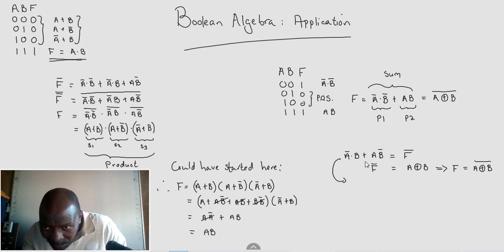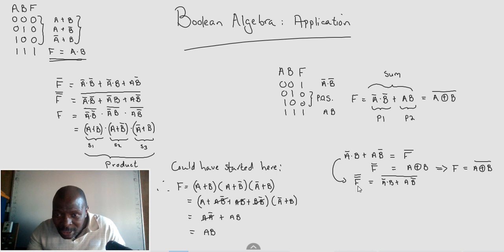But we want to take it this way, where we say that not F is equal to not A, B, or A, not B. But then we say we don't want F, we want not F. So what we do to one side, we do to the other side.